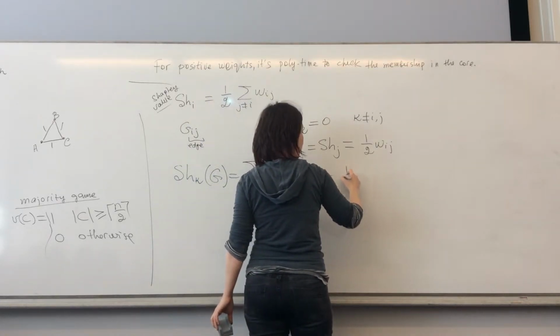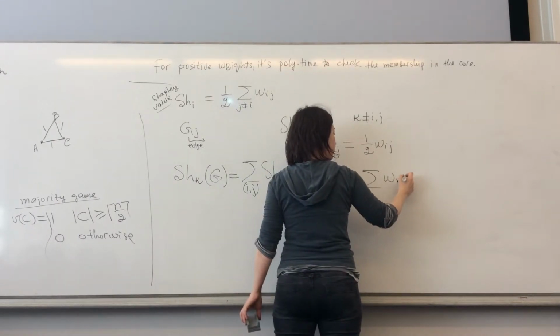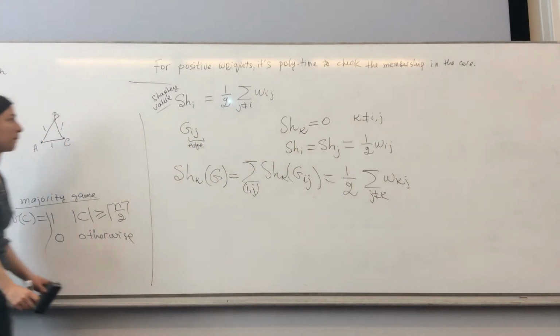So there would be half of W_kj, where j is not k. It's exactly the same.